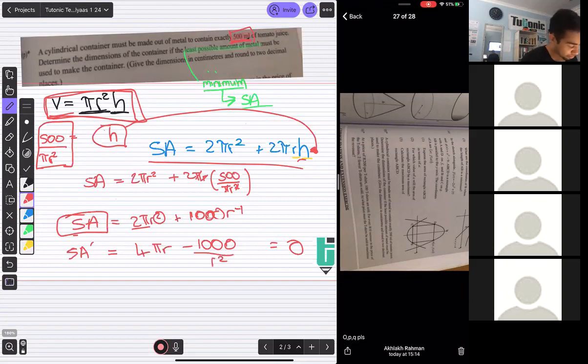You could maybe multiply by r squared, so you get 4 pi r cubed equals 1,000. Divide by 4, so pi r cubed equals 250.